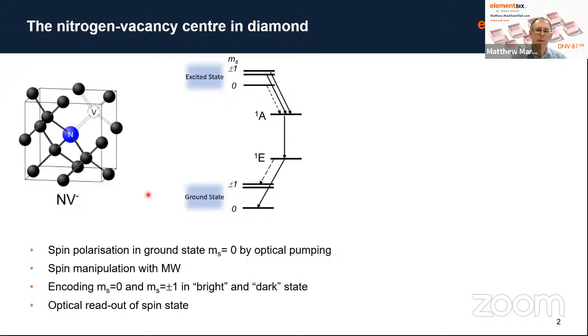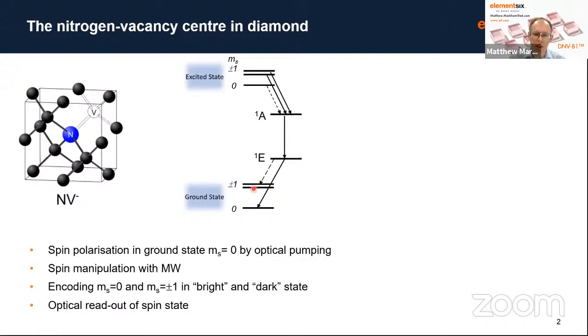What's very unique about this defect is it has a very interesting energy level structure, such that when you shine green light on it, so green laser light or LED light, if you start in the 0 state, you cycle up to the excited state and then back down with the emission of a red photon.